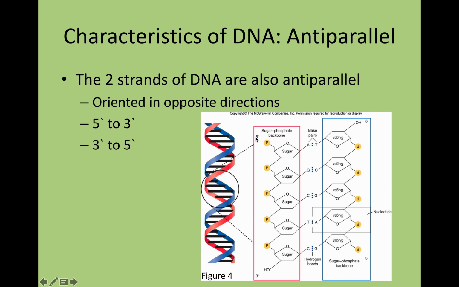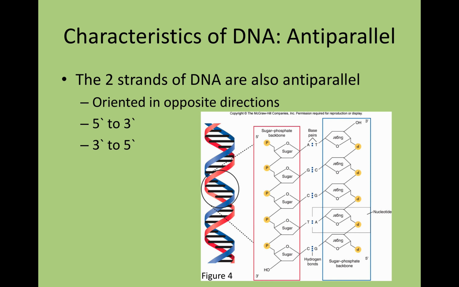So we have the 5' end on this molecule, and then the 3' end down here at the hydroxyl group. On the opposite strand, you can see the nucleotides are drawn upside down. We have the oxygen group, 1, 2, 3' hydroxyl, 4, 5' phosphate. So here are the 3' end, 5' end. Looking at this, we have the 5, 3, 3, 5. So they're oriented in opposite directions.